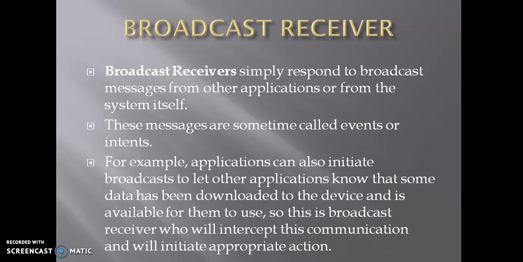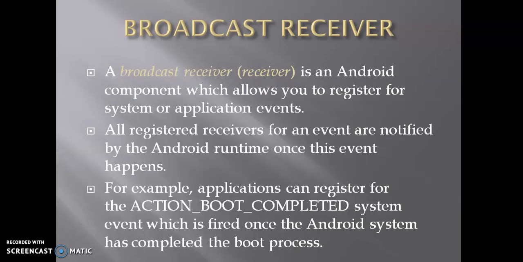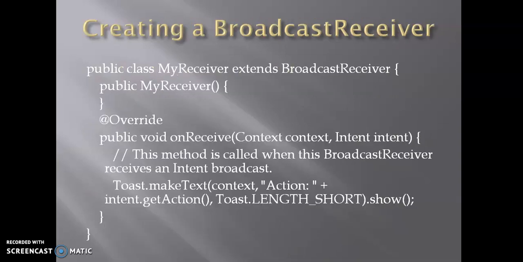It responds to broadcast messages from other applications or from the system itself, and these messages are sometimes also called events or intents. For example, applications can also initiate broadcasts to let other applications know that some data has been downloaded to the device and is available for them to use. So the broadcast receiver will intercept this communication and initiate the appropriate action. This is what we mean by a broadcast receiver.